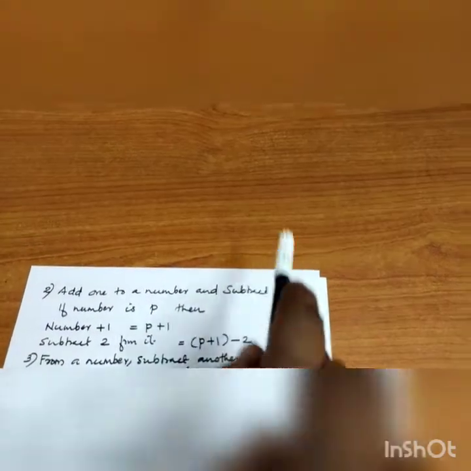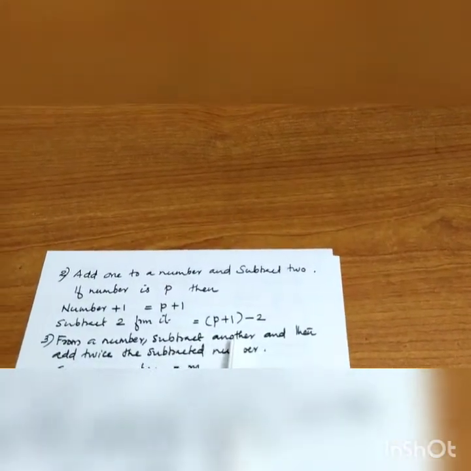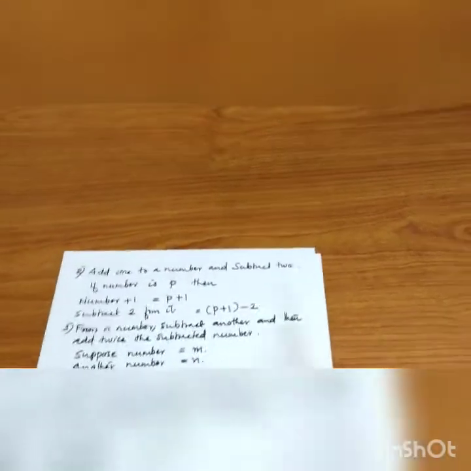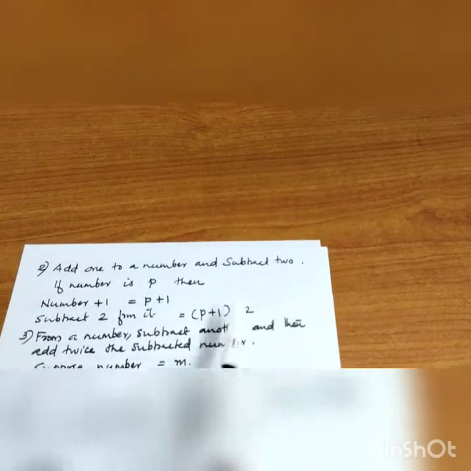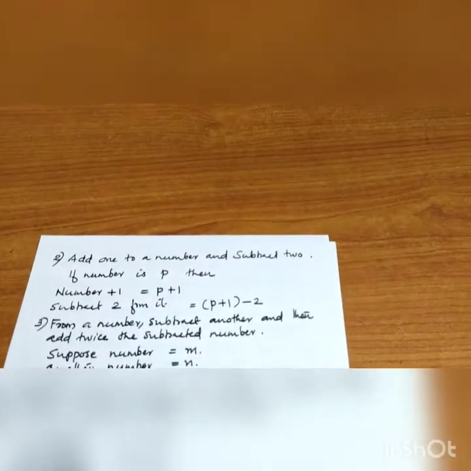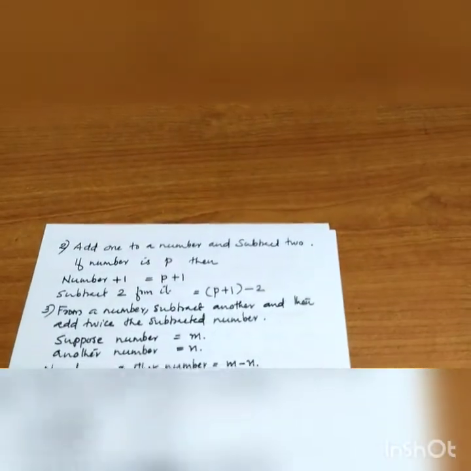Therefore p plus 1 should be put in a bracket. This bracket denotes first add p and 1, then subtract 2, that is minus 2.